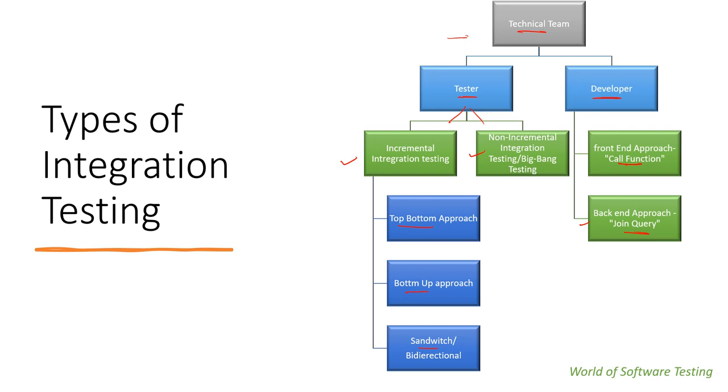We will see these one by one. So basically integration testing is performed by both developers and testers. Testers do the incremental and non-incremental testing, and developers use the front-end approach and the back-end approach.